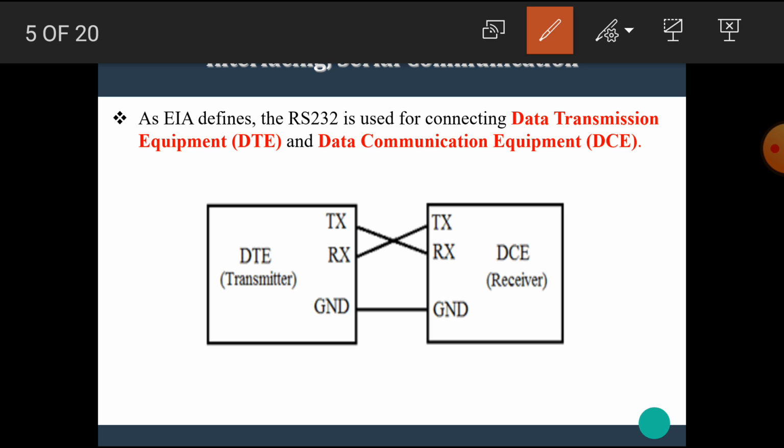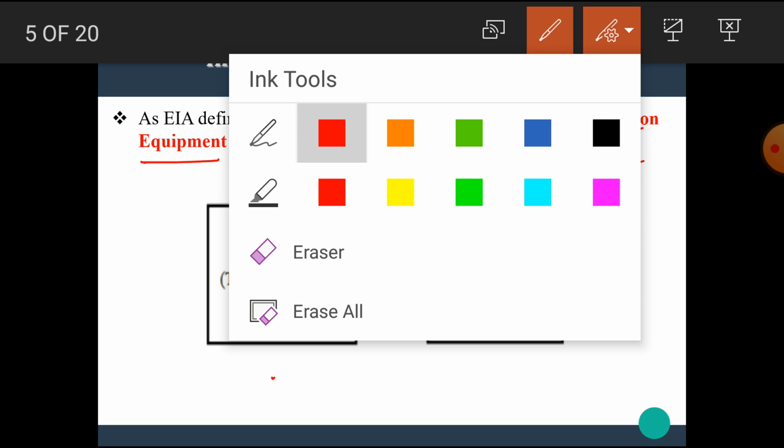As EIA defines, RS-232 is used for connecting data terminal equipment, that is DTE, and data communication equipment, that is DCE. That means RS-232 is used to connect between DTE and DCE.